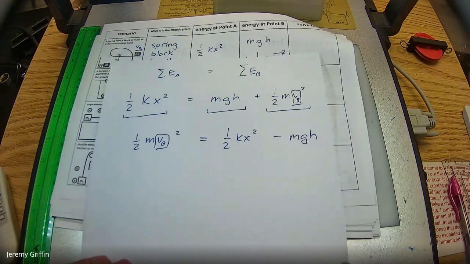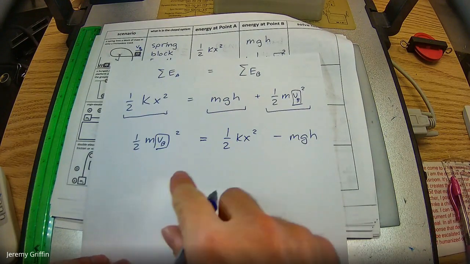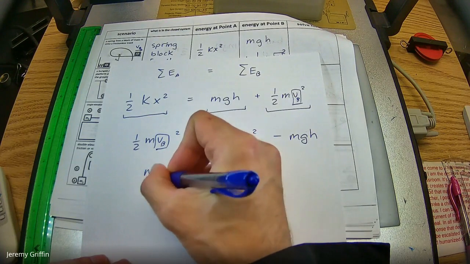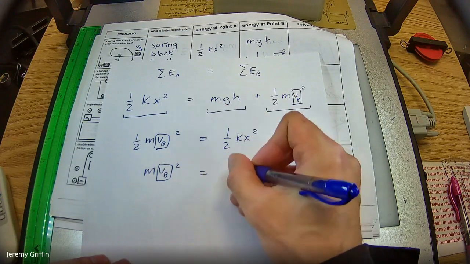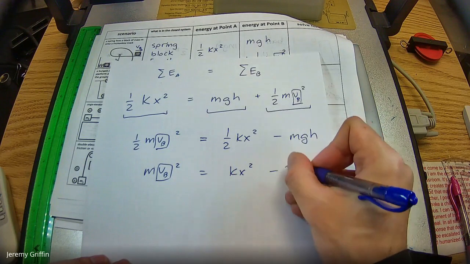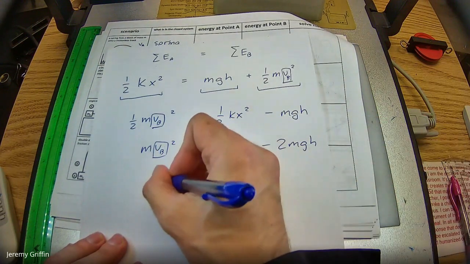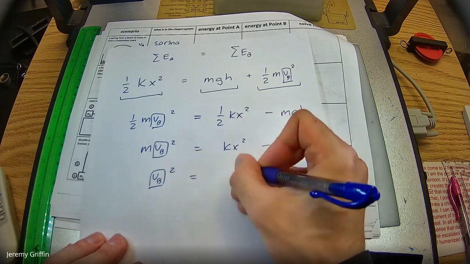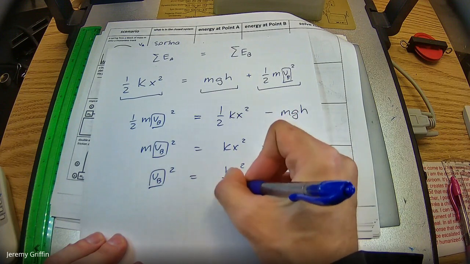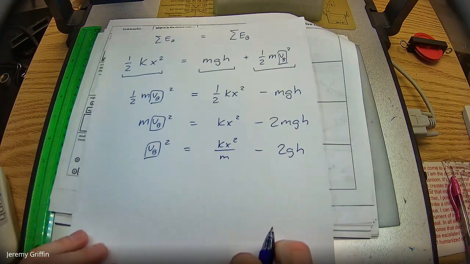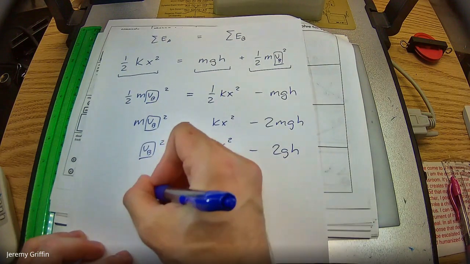Multiply both sides by 2, so mvb squared equals kx squared minus 2 MGH. Divide both sides by m. vb squared equals kx squared on m minus 2gh. And then finally, take the square root.